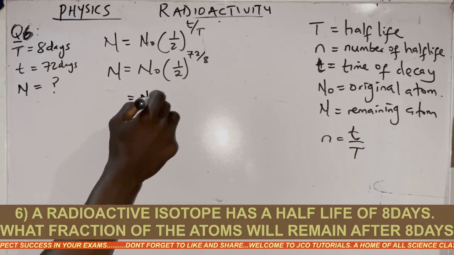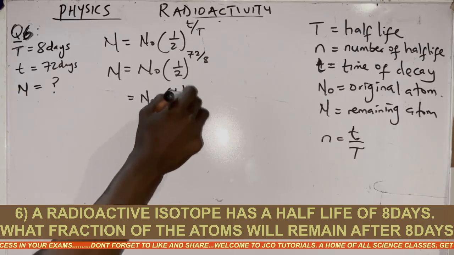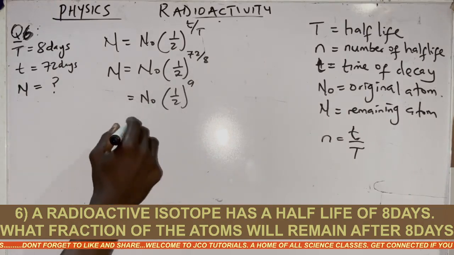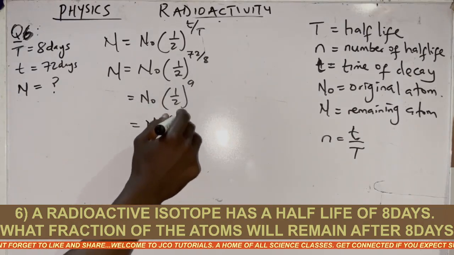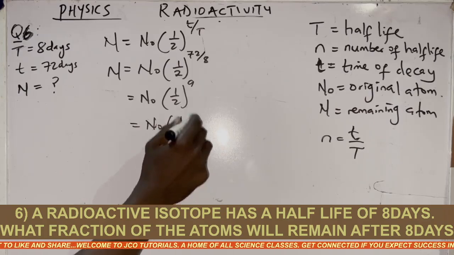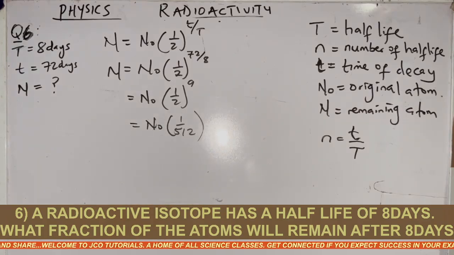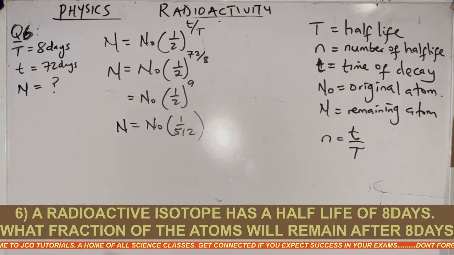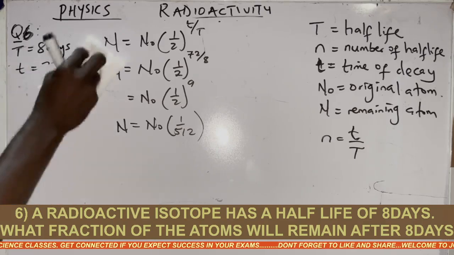So it is 1 over 2 raised to power 9. If you find the power of that, you have 1 over 512. That is the fraction of the original that remains. We've done so much about fraction related problems. Let's take the question now further to another level.